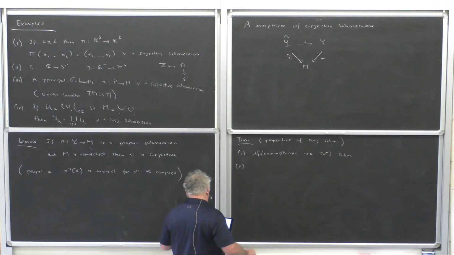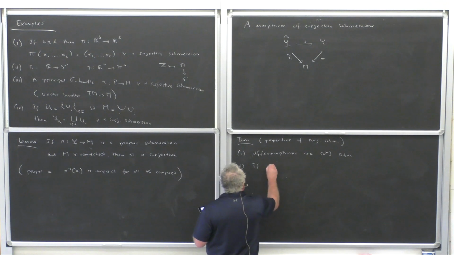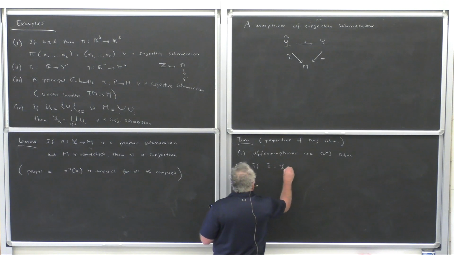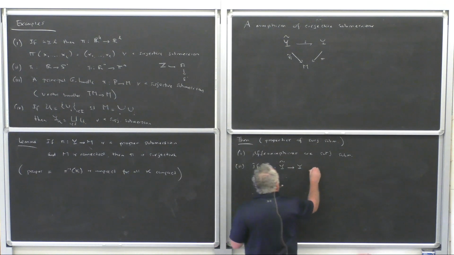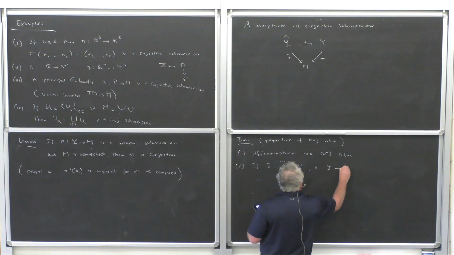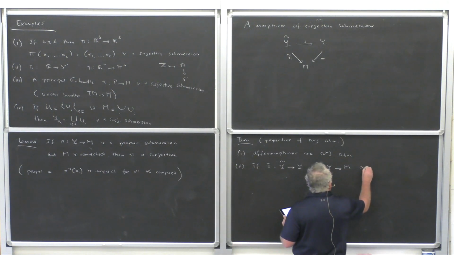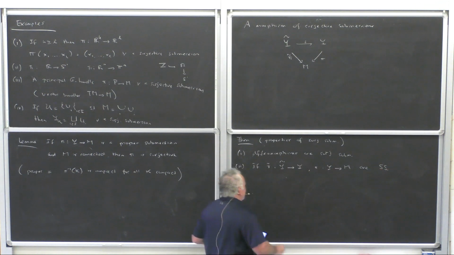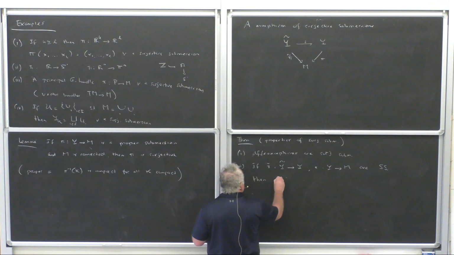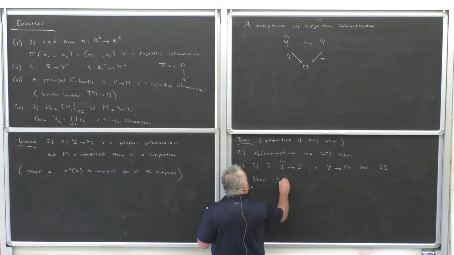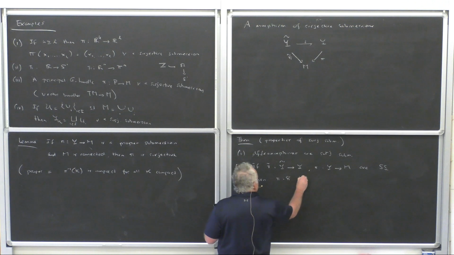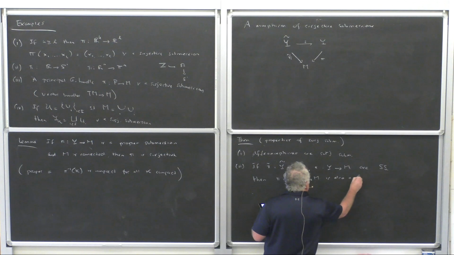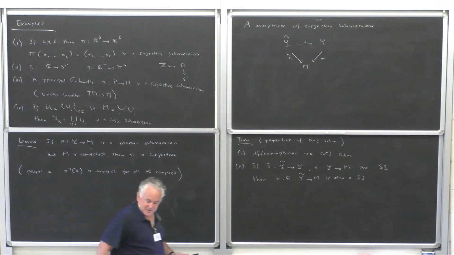But so composition: if you have two surjective submersions, say pi tilde from Y tilde to Y and pi from Y to M, maybe I'll now abbreviate it as SS, then the composition, so pi after pi tilde from Y tilde to M, is also a surjective submersion. So you can do compositions of surjective submersions.